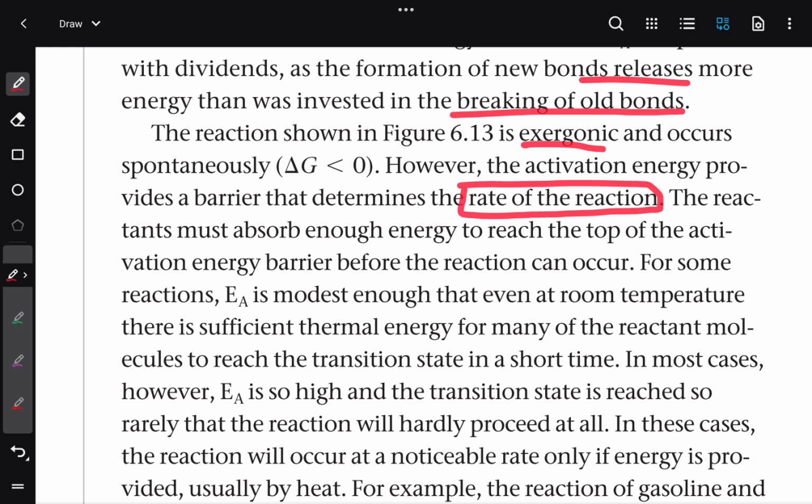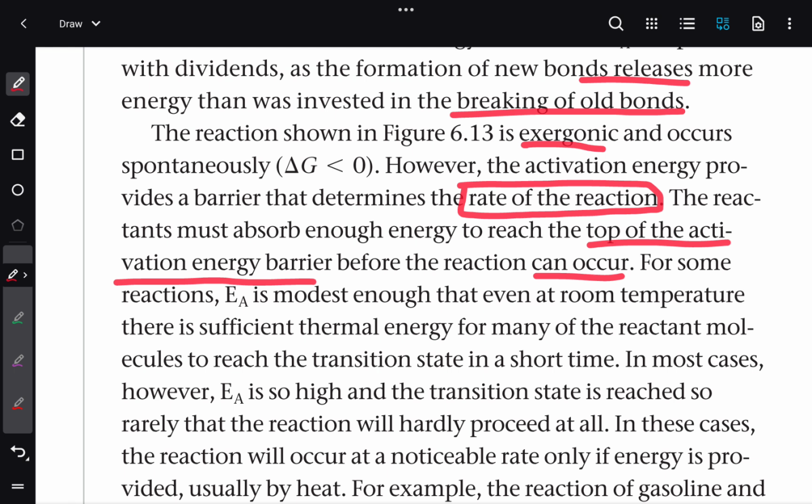How does it do that? The reaction must absorb enough energy to reach the top of the activation energy barrier before the reaction can occur. So the reaction can occur and is occurring.